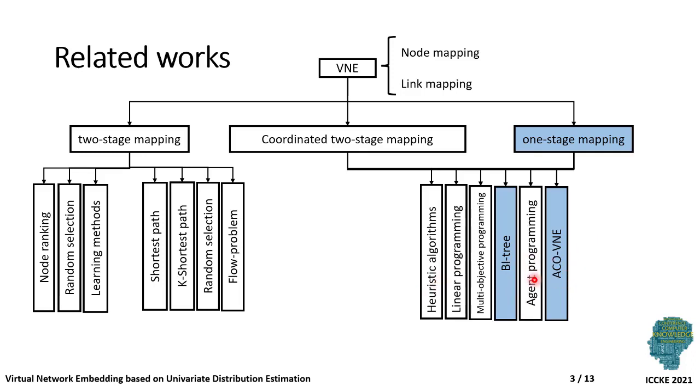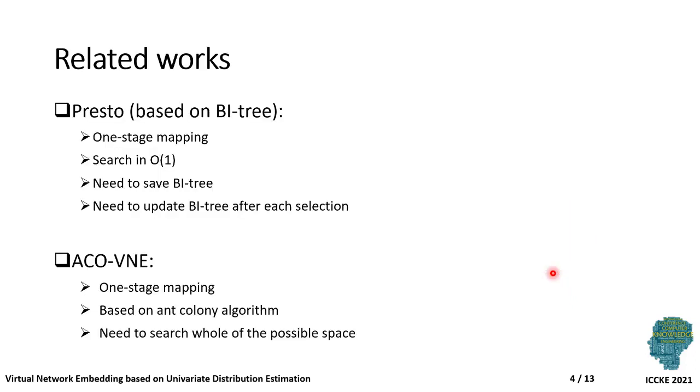Here we want to highlight two of the related works, the blocking island tree and also the ant colony optimization. The blocking island tree, called Presto in the paper, is one of the one-stage mapping processes, and its working process is making a blocking island tree in order to show the remaining resources of the nodes and the links of the substrate network as a blocking island tree, in order to decrease the searching time.